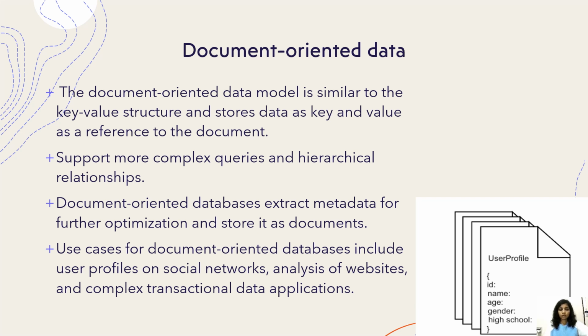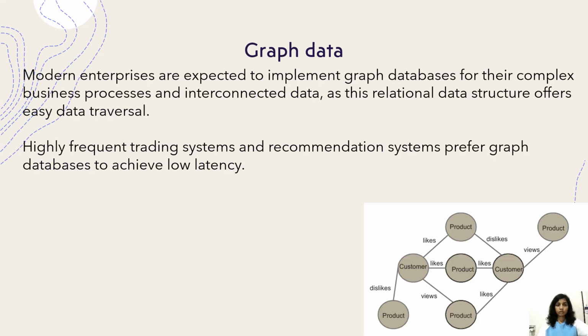Use cases for document-oriented databases include social networks, analysis of websites, and complex transactional data applications. The graph databases are used for complex business processes and interconnected data, as it is a relational data structure that offers easy data traversal.